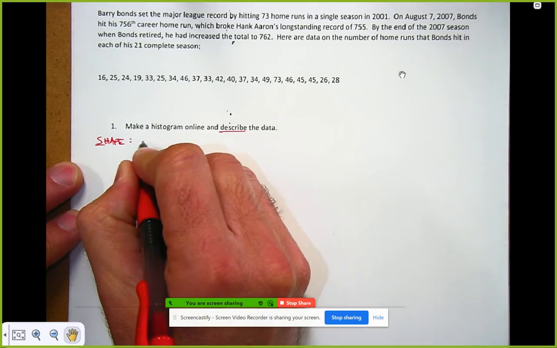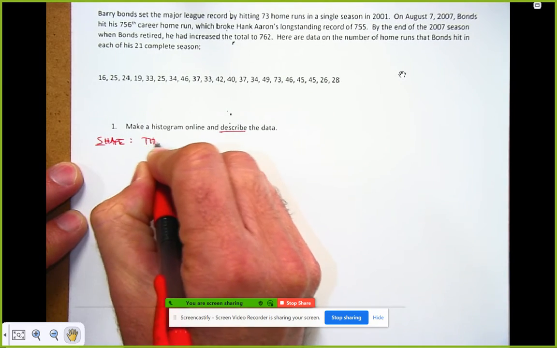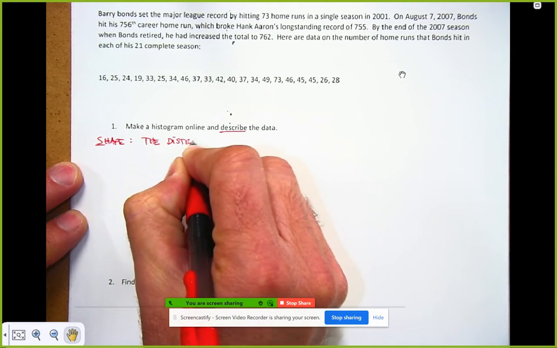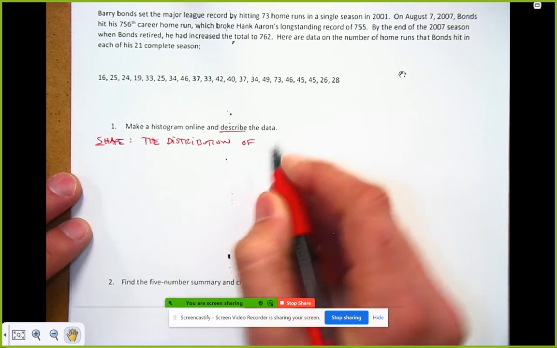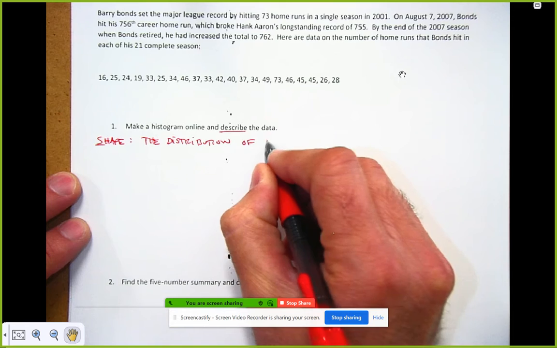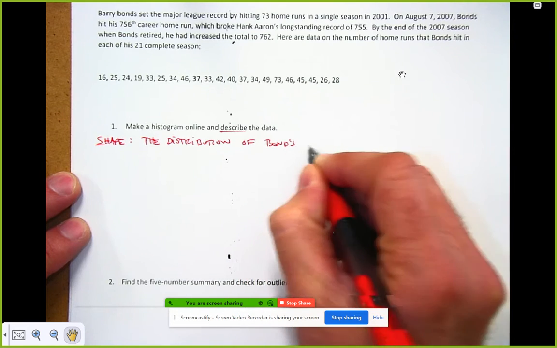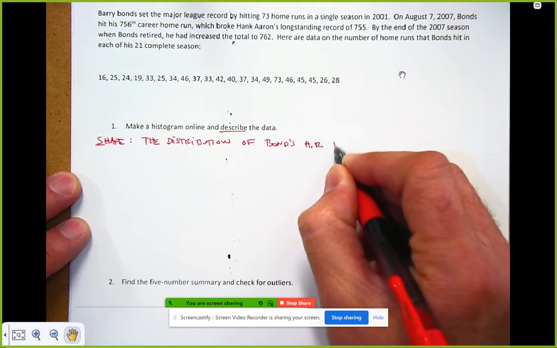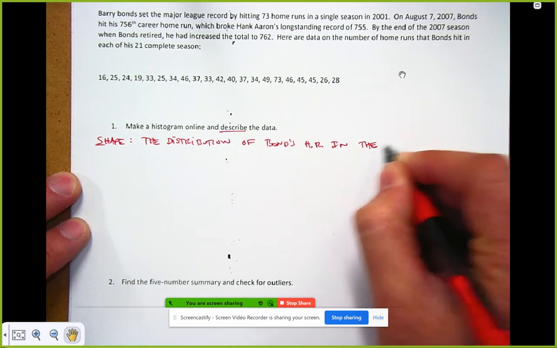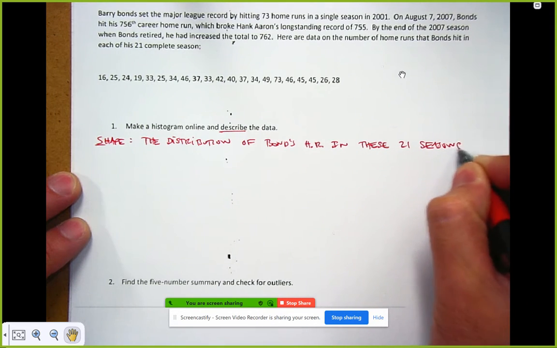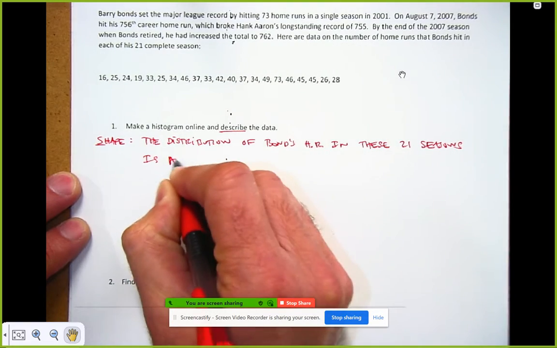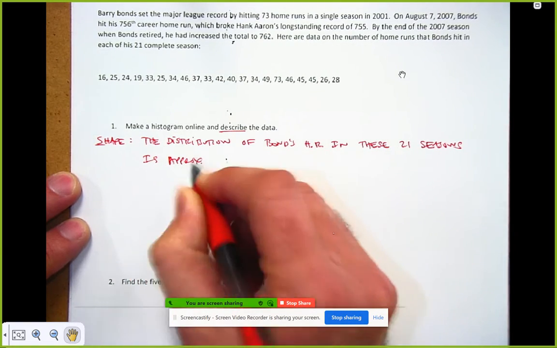So you would say the shape or the distribution of Bonds home runs in these 21 seasons is approximately symmetric.